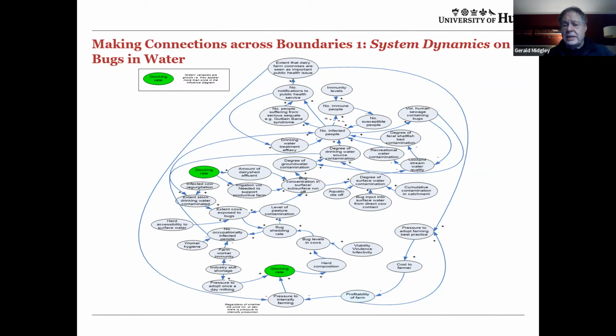At the beginning, people weren't willing to actually go in a workshop together, so we talked with people independently in small groups. The area at the top, for example, is the farmer's view about the human sewage system. The area to the left is the scientist's view about cows. And there were actually lots of other bits and pieces involved in people's modeling as well.